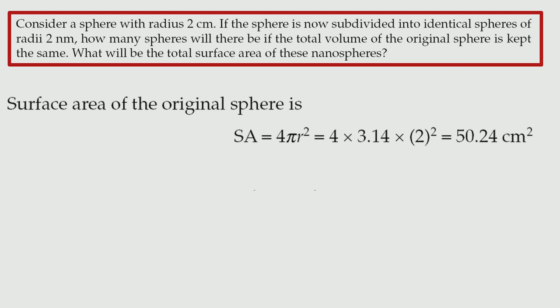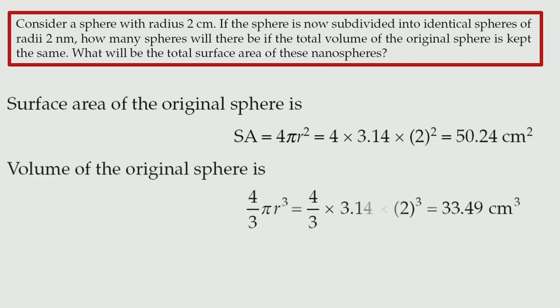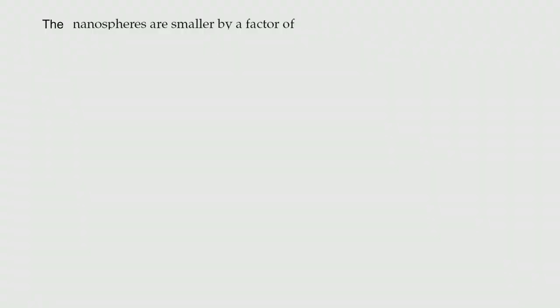You have the surface area of the original sphere, which is about 50.24 centimeter square, and the volume of the macroscopic sphere is 33.49 centimeter cube. Then you need to find the volume ratio between the macroscopic sphere and the nanoscopic spheres.